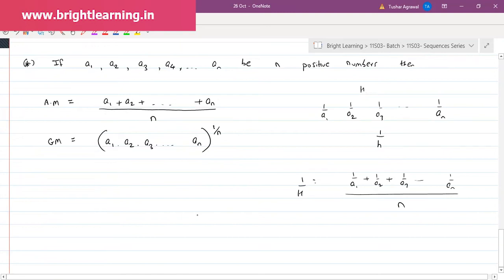Do you get this? Yes, sir. Okay. So you can write here 1 upon harmonic mean is equal to 1 upon A1 plus 1 upon A2 plus 1 upon A3, so on up to 1 upon An, this complete divided by n.